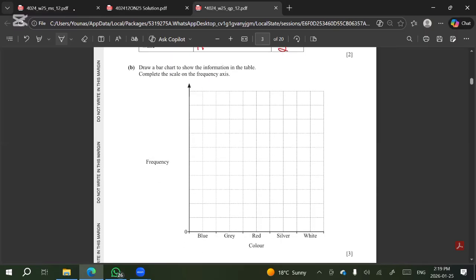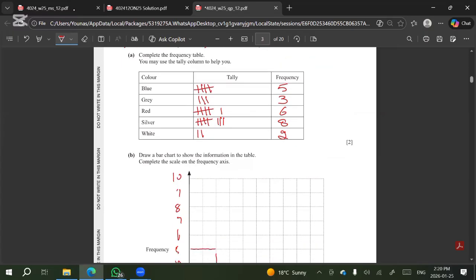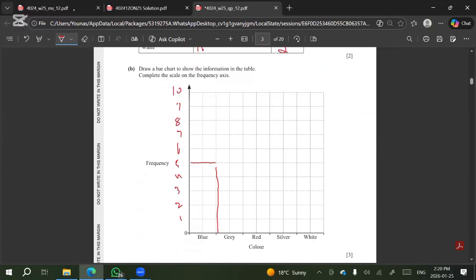So what I will do, this is 1, 2, 3, 4, 5, 6, 7, 8, 9, and 10. So for blue, with the help of the scale, I will write this. For the gray, how much is for the gray? The gray is 3. Okay.